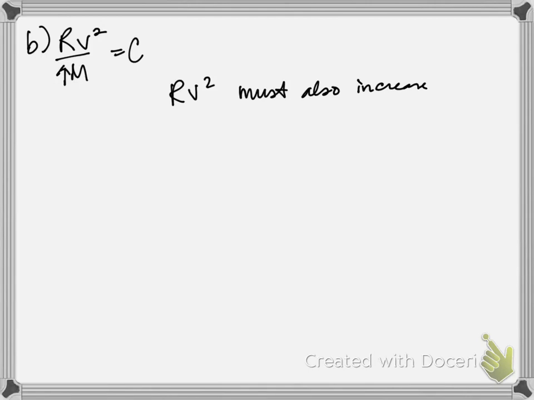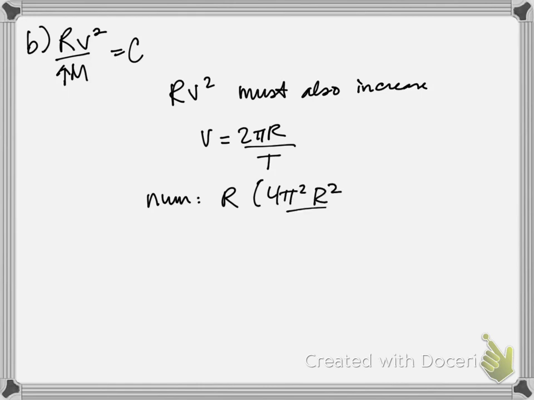Now, they've told us that period is going to stay the same, but remember that v is equal to 2 pi r over T. So then this numerator now becomes r times 4 pi squared r squared over T squared, because I just squared v there. So this must increase. If the period is going to stay the same, then the radius has to increase in order for this C to remain constant.